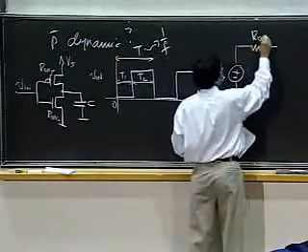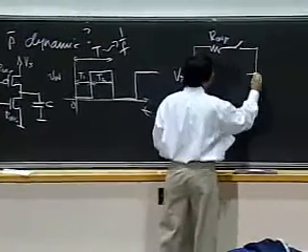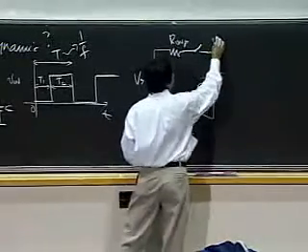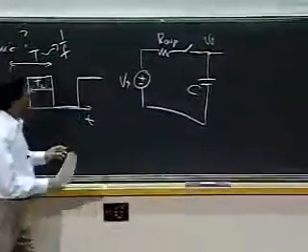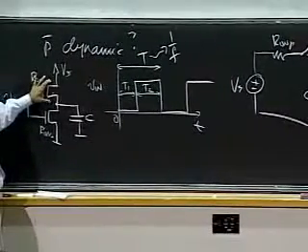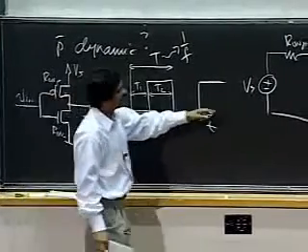So I have R on P, an ideal switch, going to a capacitor C. This is my V out node. So it's Vs going through a resistance R on P and an ideal switch to a capacitor C.